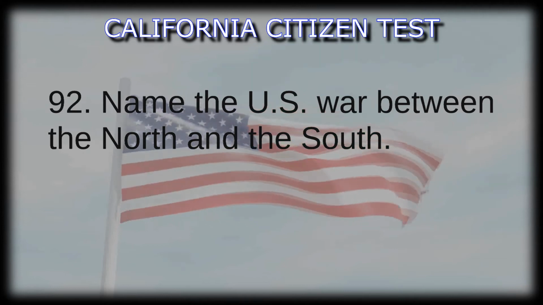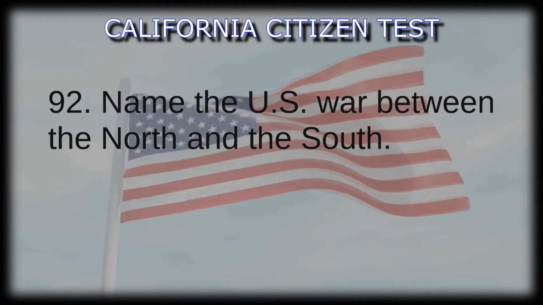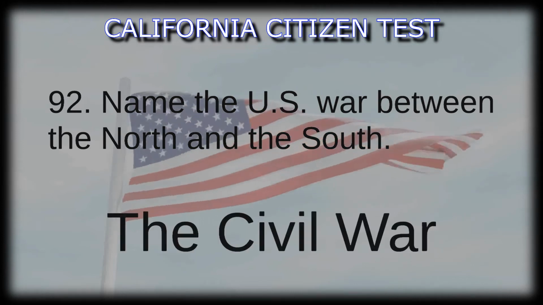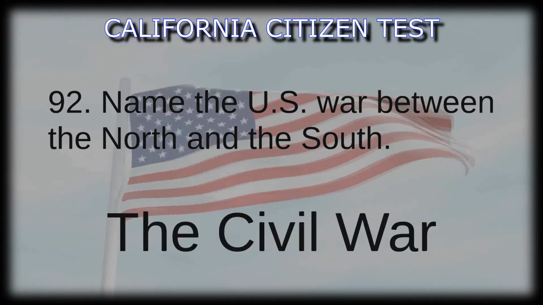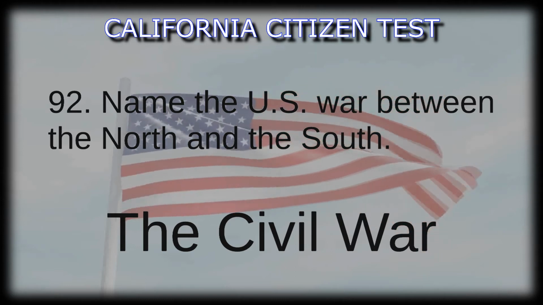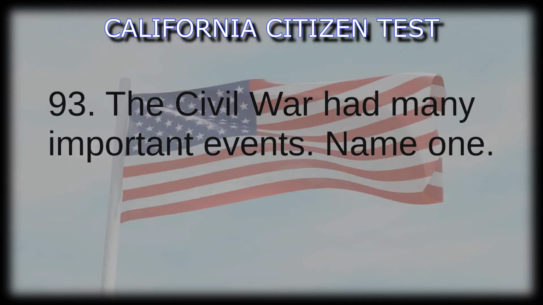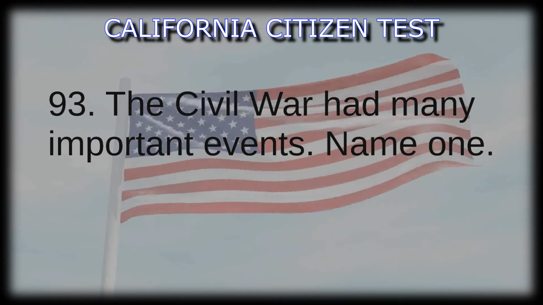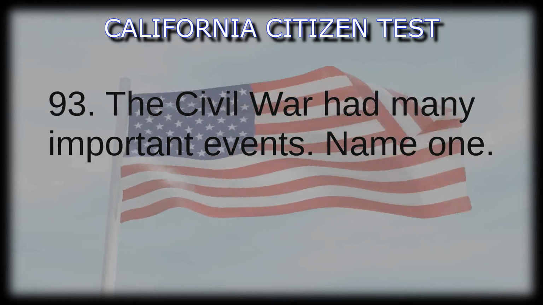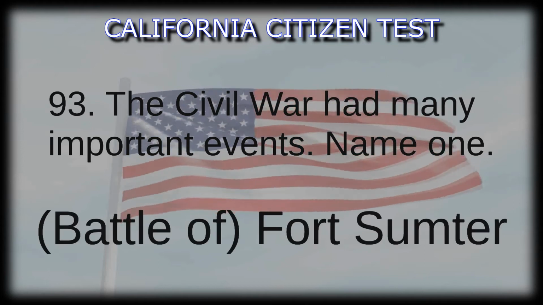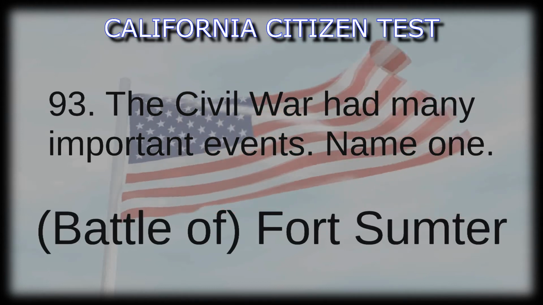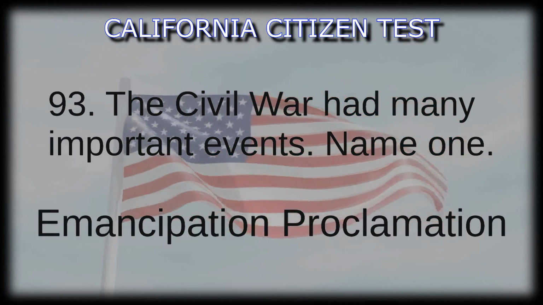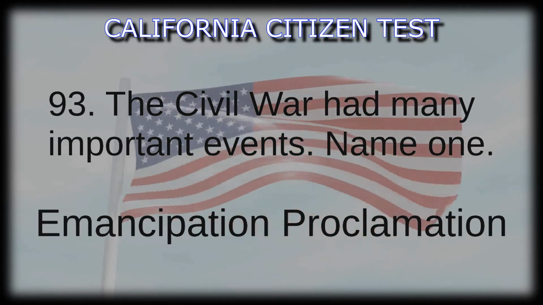92. Name the U.S. war between the North and the South. The Civil War. 93. The Civil War had many important events. Name one. Battle of Fort Sumter. Emancipation Proclamation.